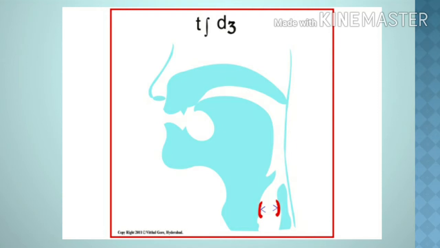If you start counting from the lip side, it is the end of the alveolar and the beginning of the hard palate. That part is being brushed by the blade of the tongue, and there is a complete closure between the active articulator, the tongue, and the passive articulator, the palato-alveolar region. That's why this sound is called a palato-alveolar sound.